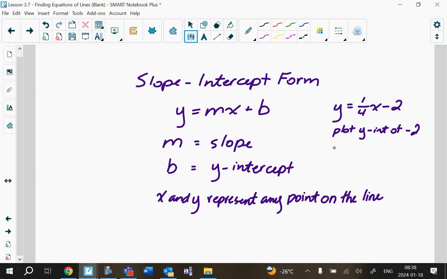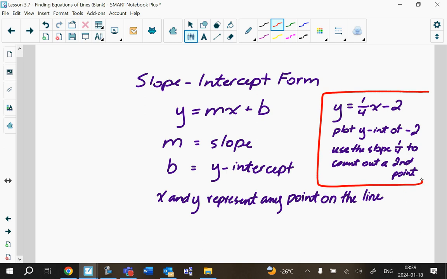And use the slope 1 over 4 to count out a second point. So that's really what we did when we used this method to graph.